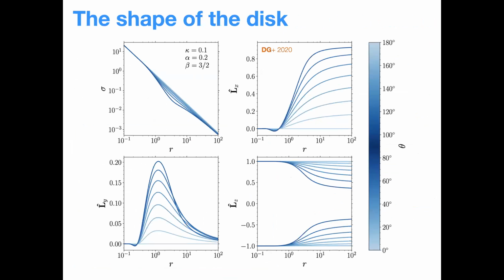So these are some solutions resulting from the iterative boundary value problem. Sigma, the top plot here, is the mass density. And what's happening here is that compared to an unperturbed disk, this power law, in this warp scenario, they have a strong depletion of surface density right at the warp radius. In these other three plots, these are the specific angular momentum for each gas ring along the disk.